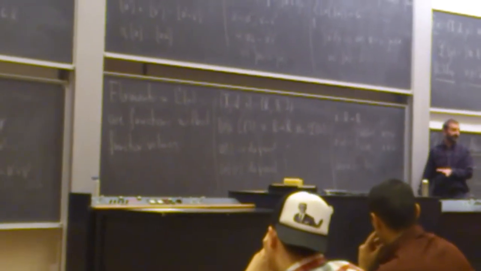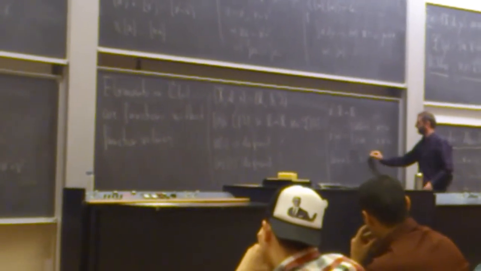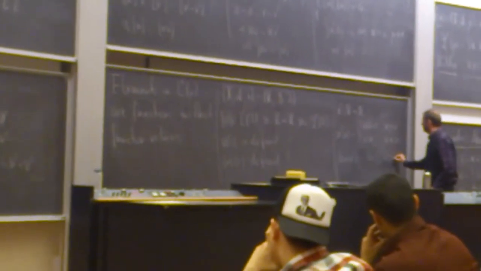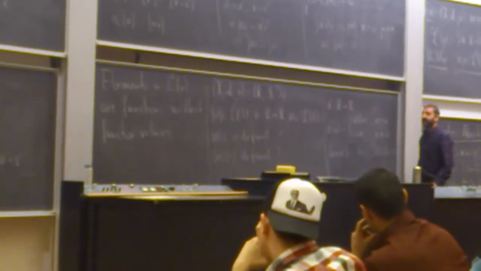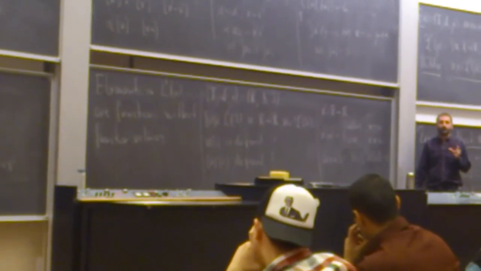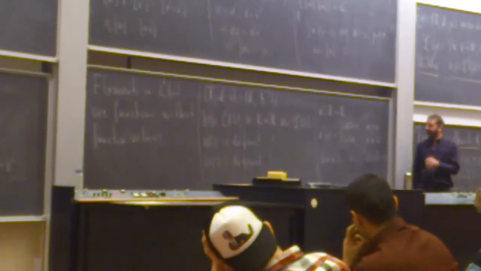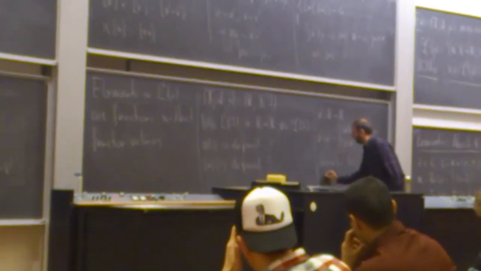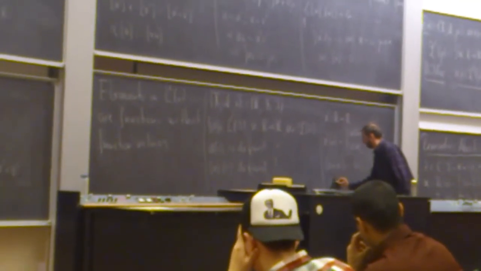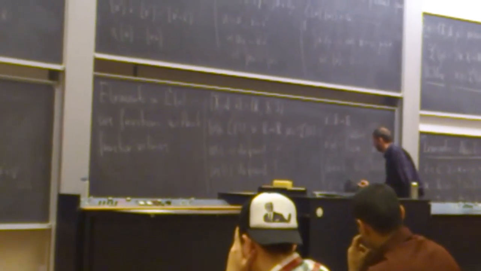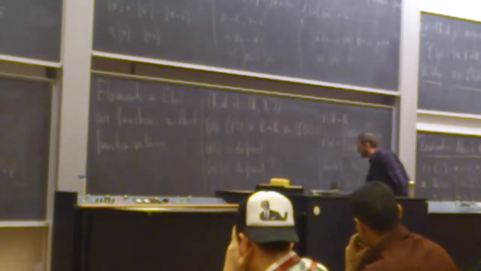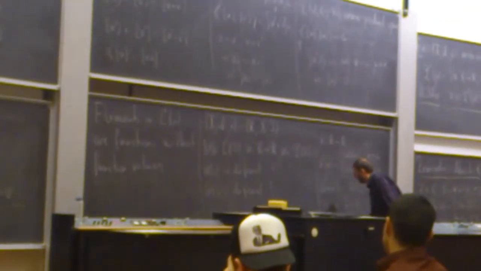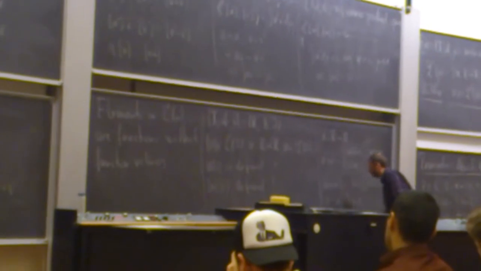That's the only place where they're different, and this has measure 0. So the set where these two functions are different has measure 0, hence they are equal almost everywhere, and that means that they belong to the same slice.